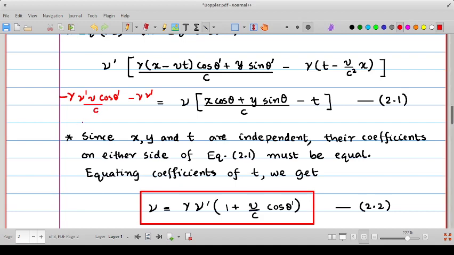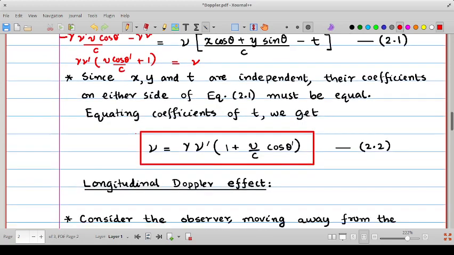So on the left hand side, the coefficient of t is minus gamma nu' times (v cos theta' by c plus 1). And on the right hand side, the coefficient is coming from this term, so that is simply minus nu. So this should be equal to minus nu. Or in other words, removing the minus sign, nu should be equal to gamma nu' times (1 plus v by c times cosine of theta'). So that is this equation.